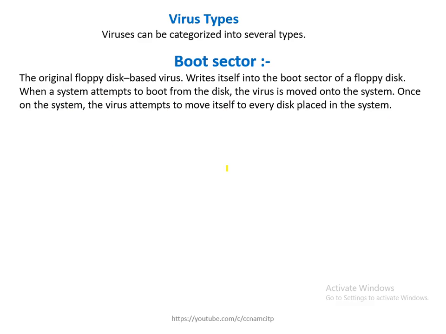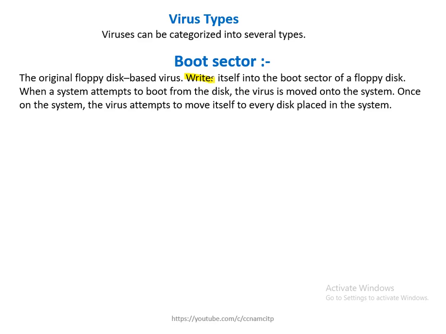A boot sector virus is a kind of virus which is inserted into your hard disk at the time of production. That is known as the boot sector, and those viruses will be introduced in the boot sector of your hard disk. As soon as you connect those hard disks to your system, those viruses will be activated and your system will be impacted.